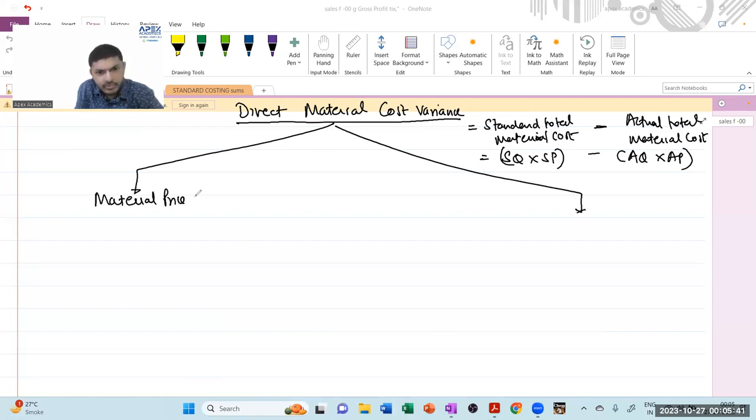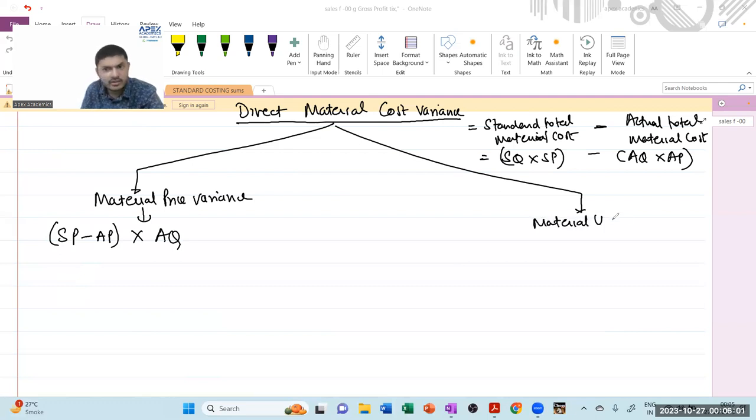Material price variance, which asks you the question, how much should I have bought it for and how much did I buy it for? This is nothing but standard price minus actual price multiplied by actual quantity. And then I have material usage or material efficiency variance, which is standard quantity minus actual quantity multiplied by standard price.